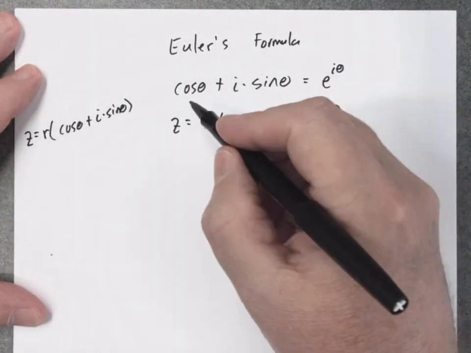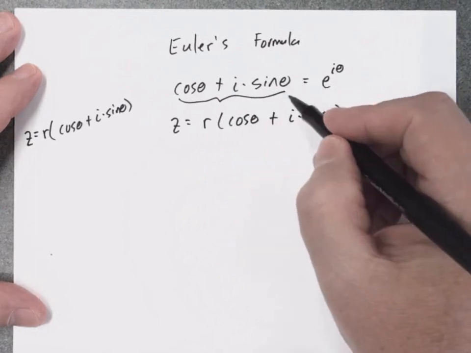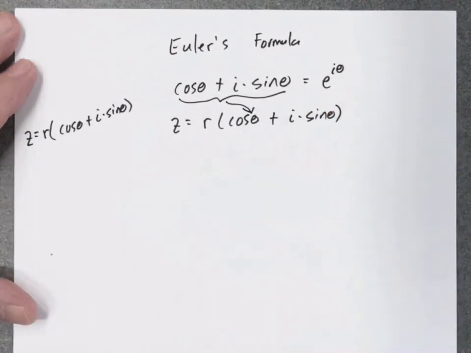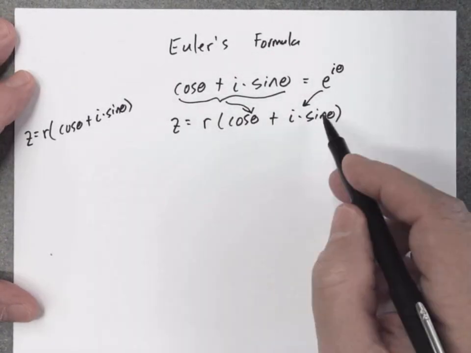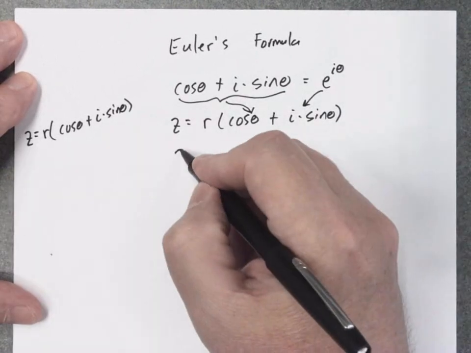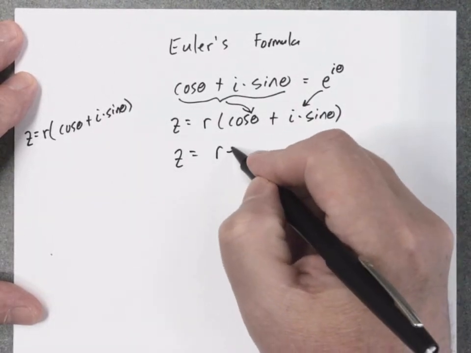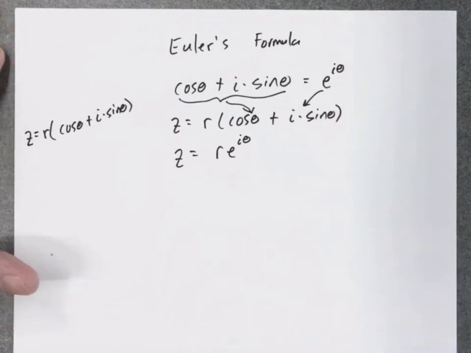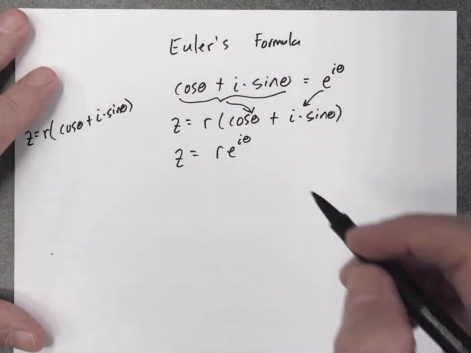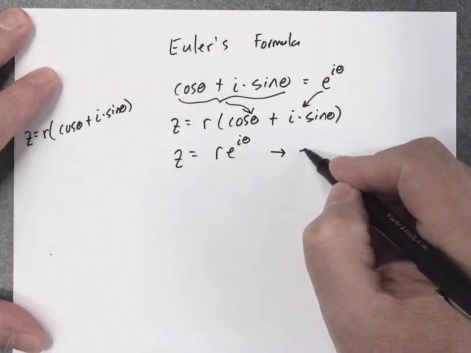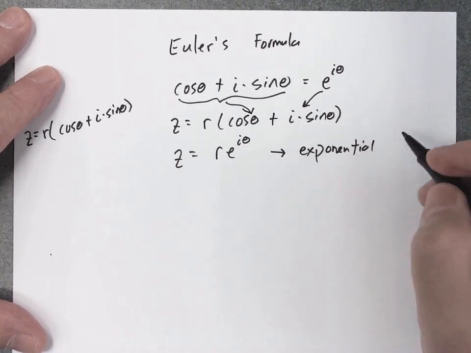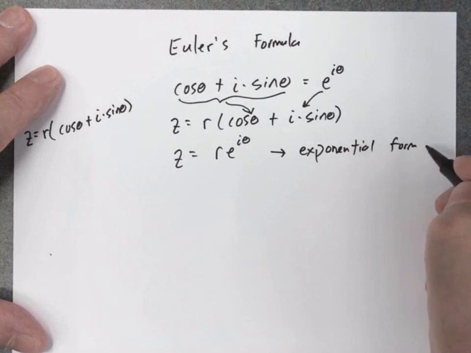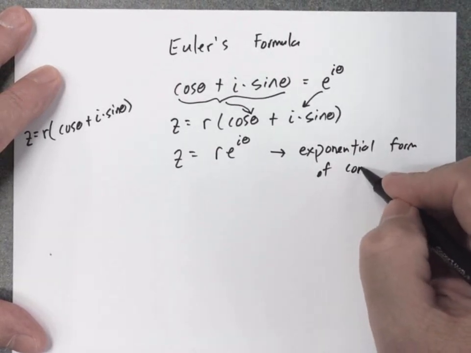What we can do now is take Euler's formula and plug that in for this, which really means we can replace this whole thing with e to the i theta. So we give this a name. This is called the exponential form of a complex number.